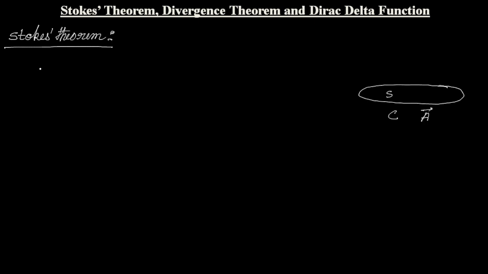Then according to the statement of Stokes theorem, the line integral of a vector along the closed loop C is equal to the surface integral of the curl of the vector A over the surface that is enclosed by the closed loop C. So this is the surface.